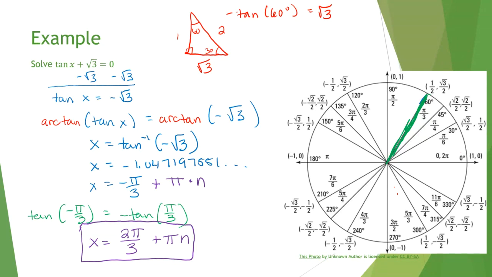So you can draw your right triangle trig, figure out the correct relationship here, tangent, and then figure out what angle goes with that. So there's a way to do it that way. It's a little harder and involves more thinking, but you can figure out this stuff without having a graphing calculator.